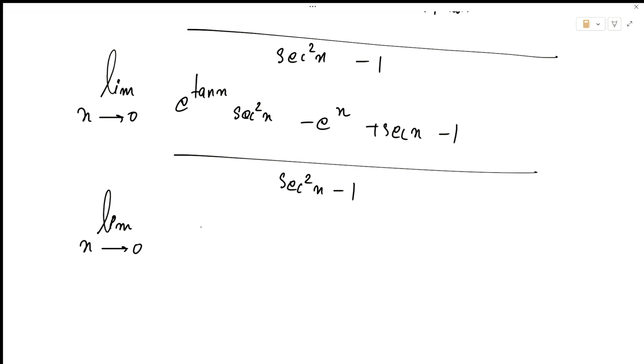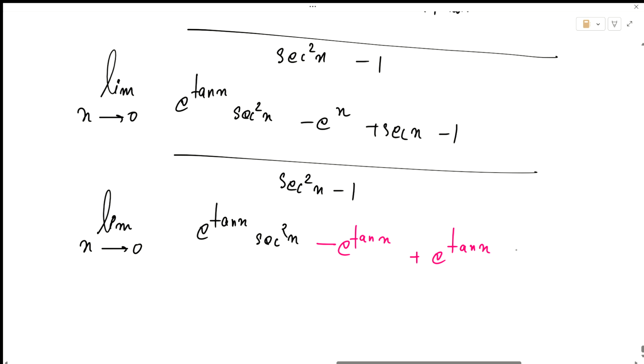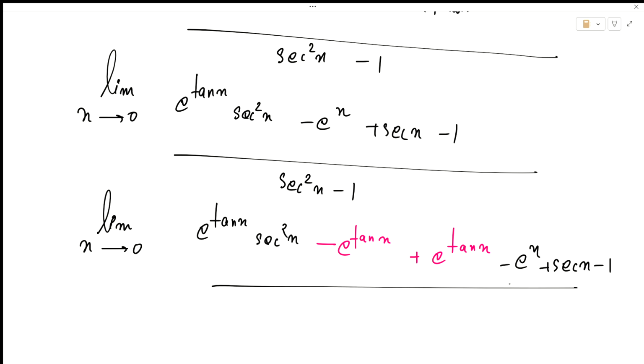So I'm gonna subtract e to the power tan x and add e to the power tan x, then write the rest as it is: minus e to the power x plus sec x minus 1, over sec square x minus 1.